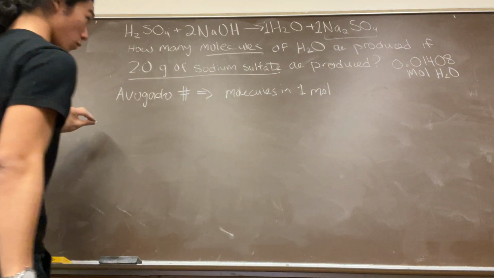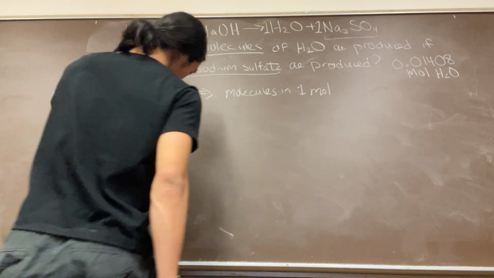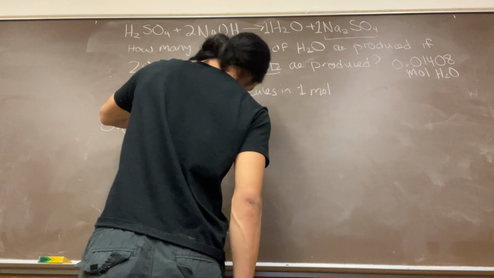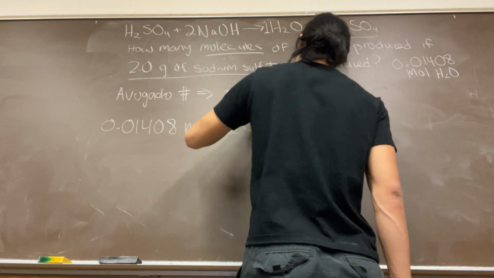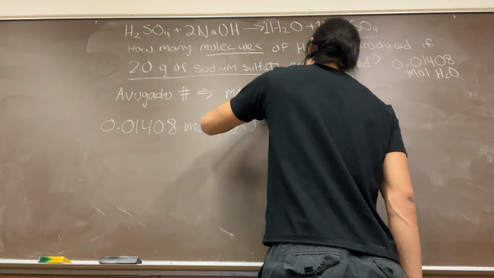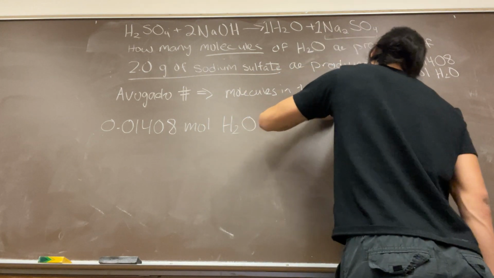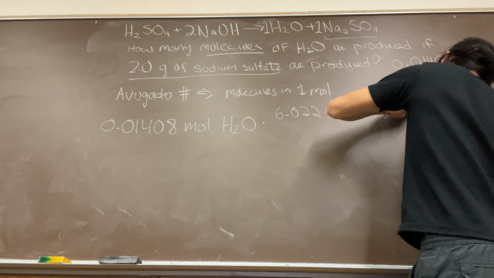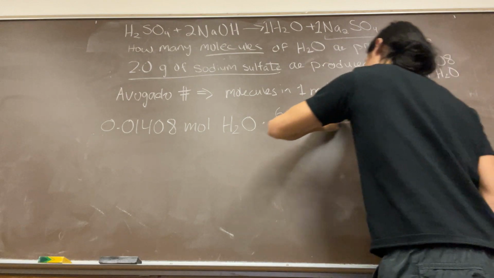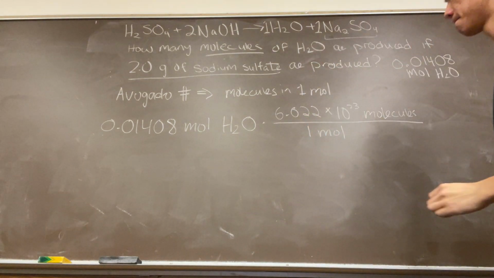So for water, we have 0.01408 moles of water. And we multiply that by Avogadro's number, 6.022 times 10 to the 23 molecules for 1 mole, right?